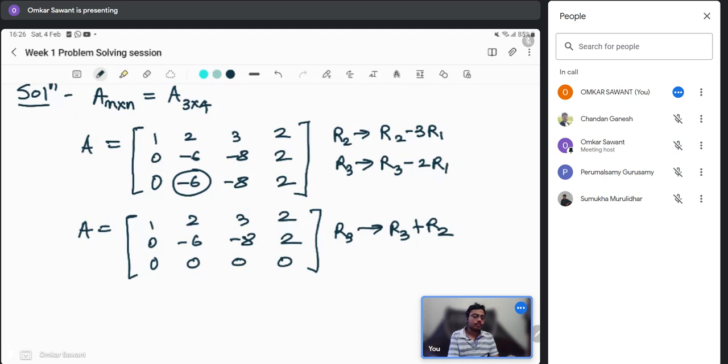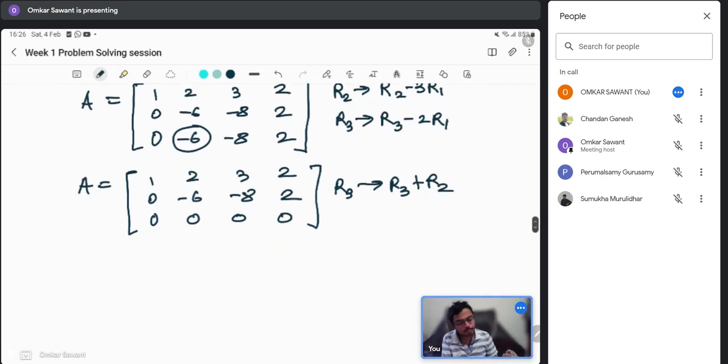So what are the pivot elements? Can you tell me what the pivot elements are? Sumukha, are you there?